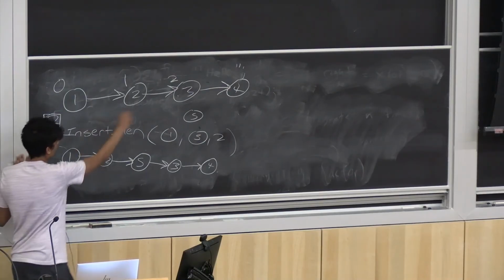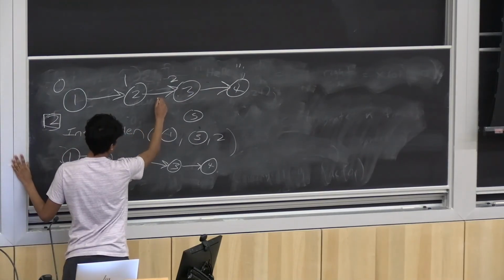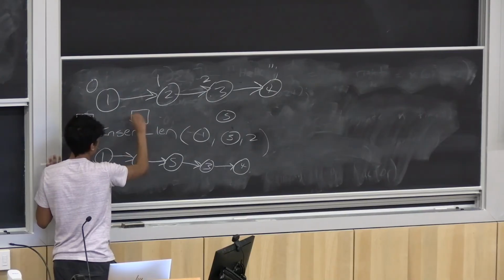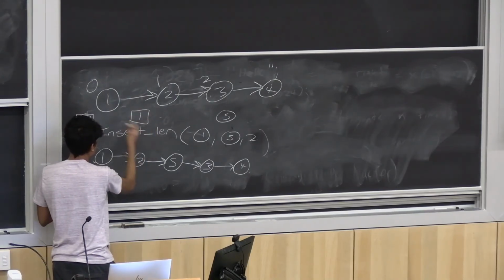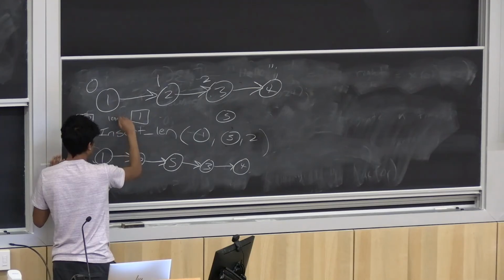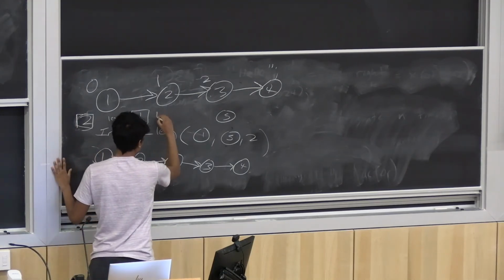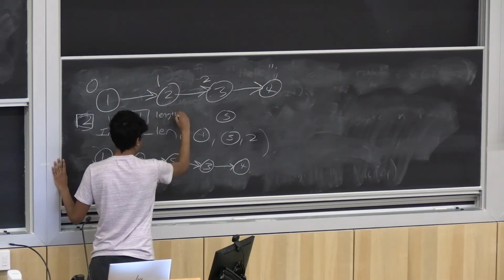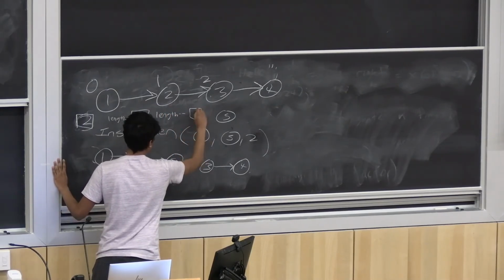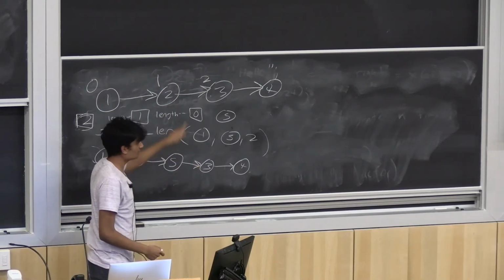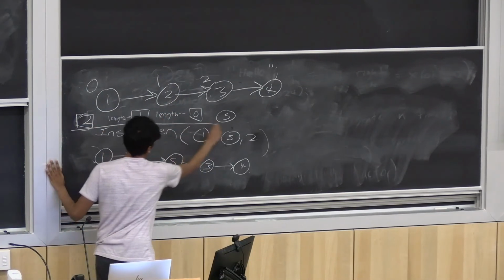We want to keep it in a way such that it will reach this spot here. So if we traverse it once, length will become 1 here when we do length minus minus. And if we do length minus minus again, we get 0. And there we insert our 5 when it reaches here.